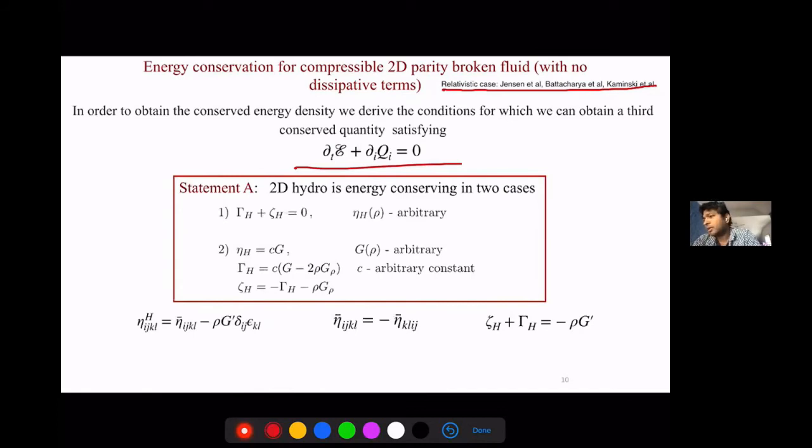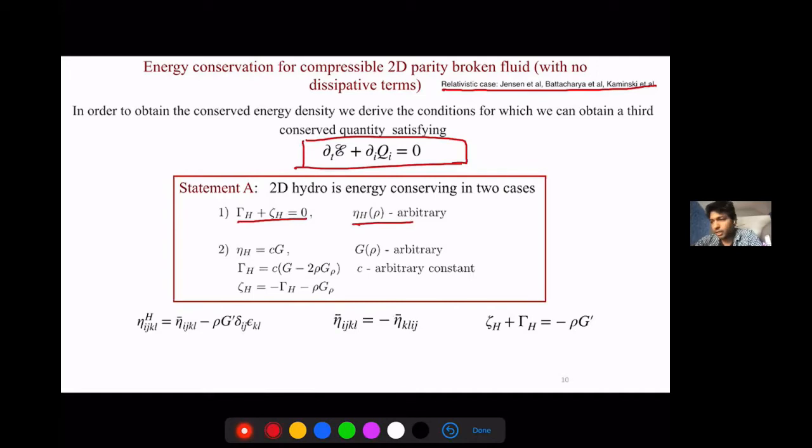It turns out that the 2D hydro is energy conserving in two distinct, non-overlapping cases. The first condition, in order to construct such a conservation law where your energy density is a third quantity, is that this odd torque term plus the odd pressure term should be 0, and eta_H of rho can be arbitrary.